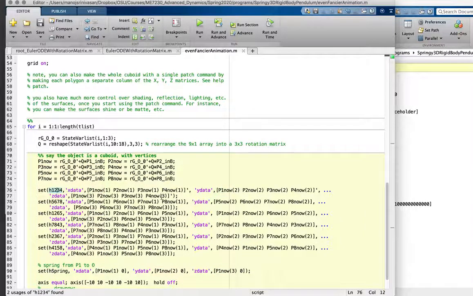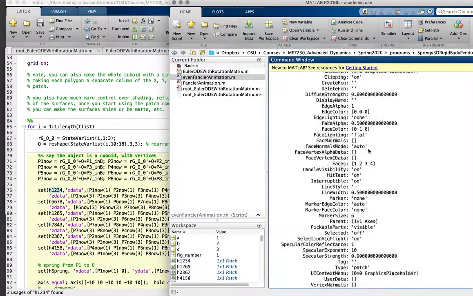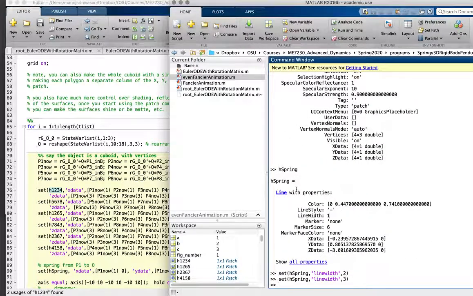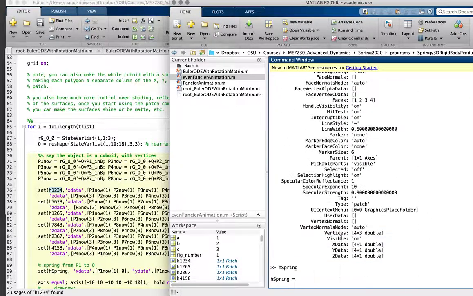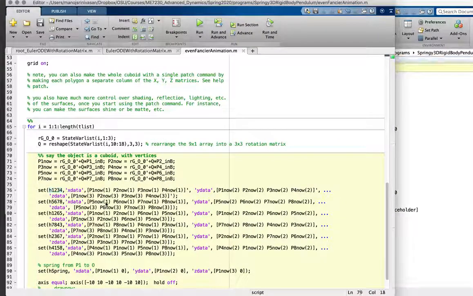The handle for the line has the X data, Y data, Z data for the line. Similarly, the handle for the patch contains X data, Y data, Z data for the patch. In other words, the X, Y, Z coordinates that define the patch.